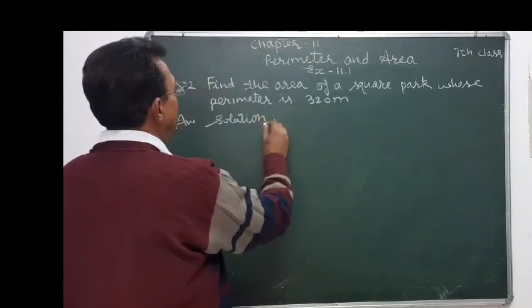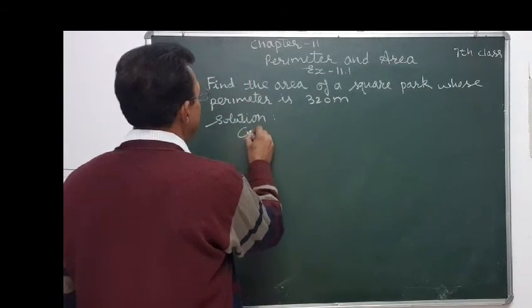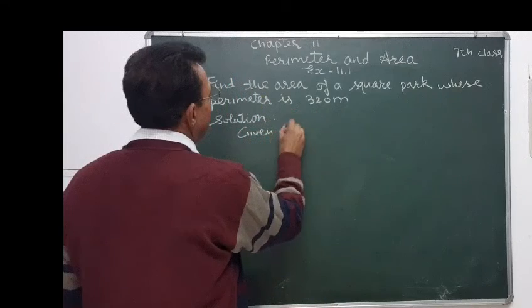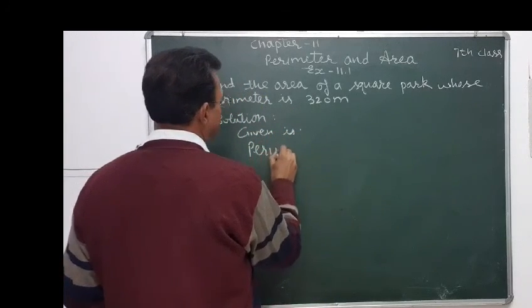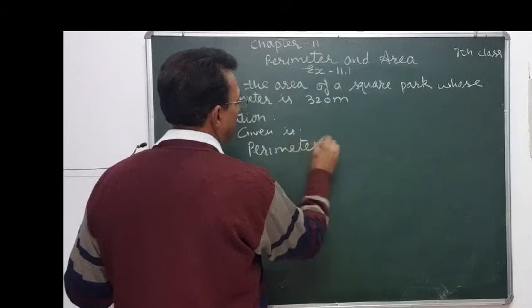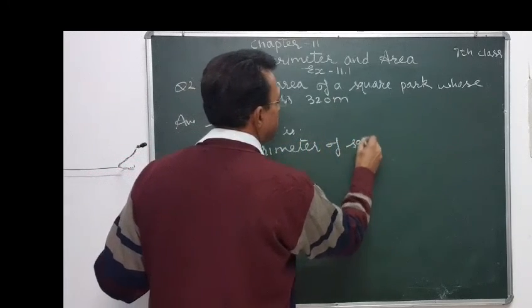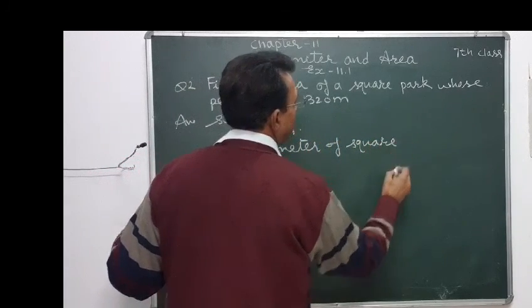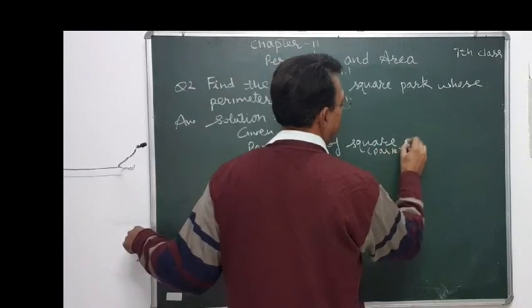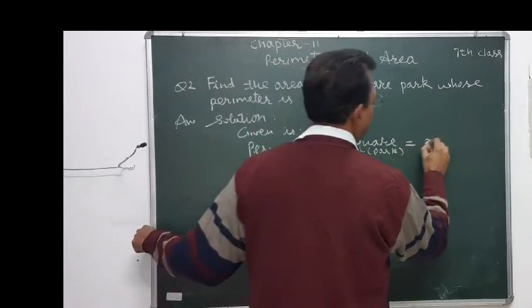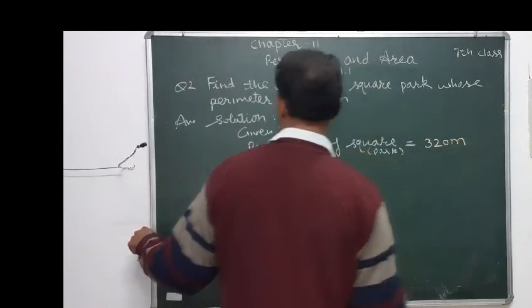So what are we given? We are given the perimeter of the square park, which is 320 meter. Right?